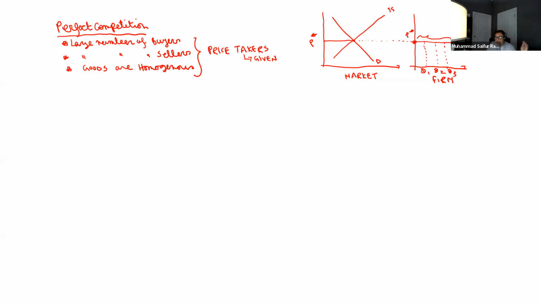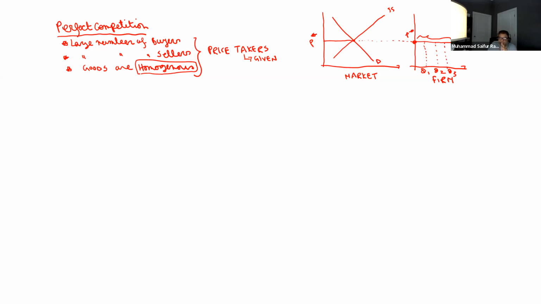That's why you get a horizontal demand curve. And the reason why you get this indefinite demand is because goods that are being produced are homogeneous, which means that our buyers cannot distinguish between firm A, firm B, firm C, or any other firm in the market.